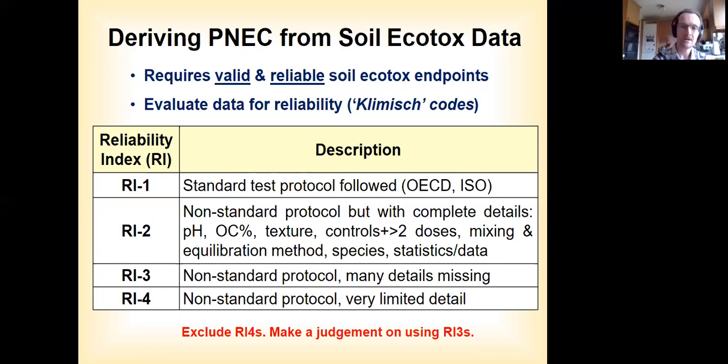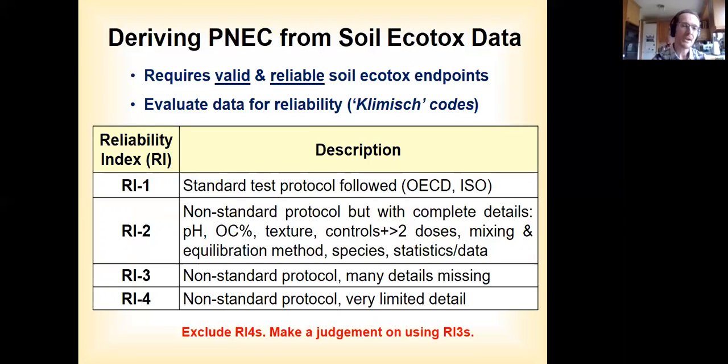Did they use a standard test protocol? For example, did they use an ISO or an OECD test protocol? If they have done that, then you know exactly the conditions that the tests were conducted under. You know the temperature, the pH, all the information is there. You know the length of time that the exposure was done for, so you can be completely confident that the data point is valid. Use that one, no problem.